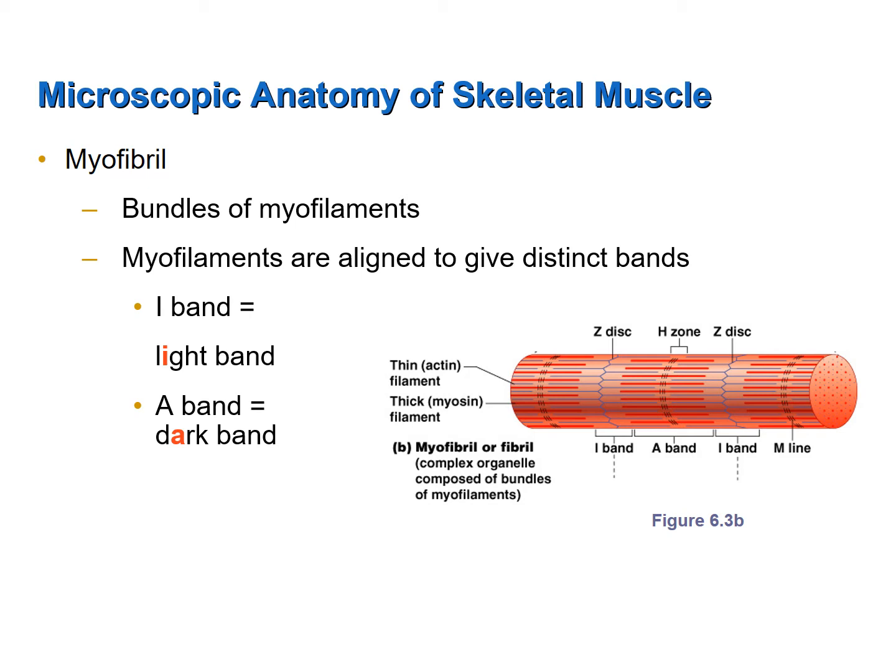And so these myofilaments arrange themselves such that there are dark bands or A bands and light bands or I bands. And an easy way to remember that I bands are light bands and dark bands are A bands is to note that I is the second letter in light and A is the second letter in dark.